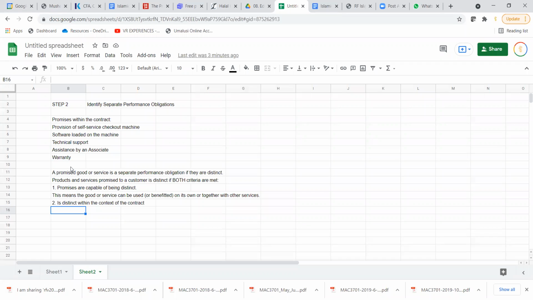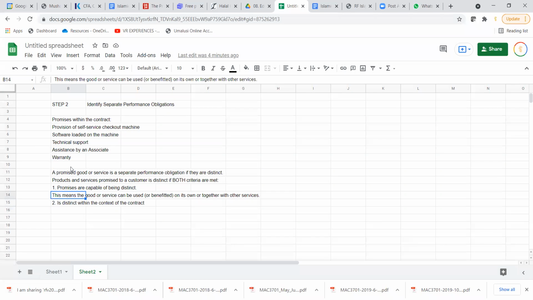So if you enter into an agreement with the architect company to provide the project management services, we would have to ask ourselves, is the project management service one performance obligation, or is the project management service separate performance obligations?